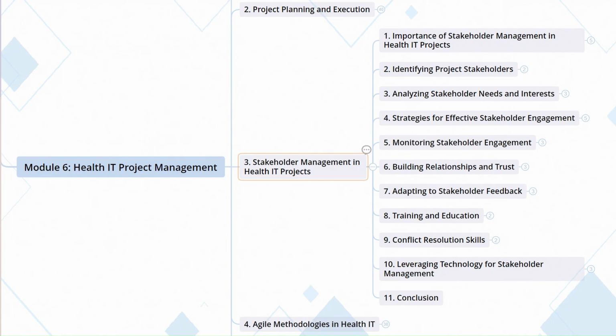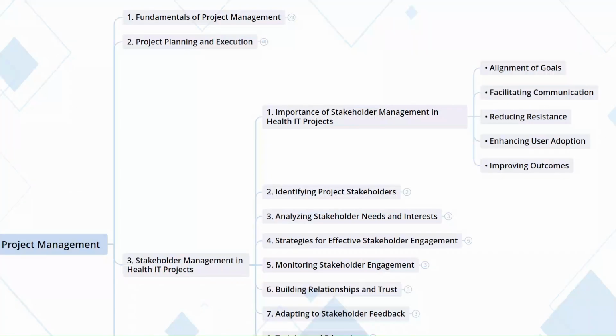This module explores the principles of stakeholder management, its importance, strategies for effective engagement, and best practices tailored to health IT projects. Firstly, importance of stakeholder management in health IT projects.